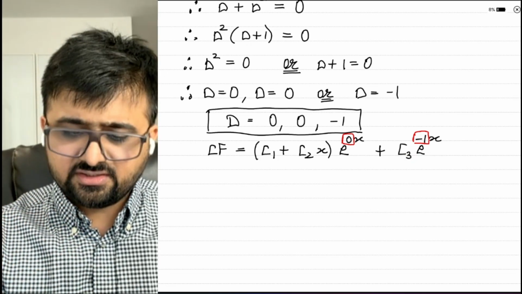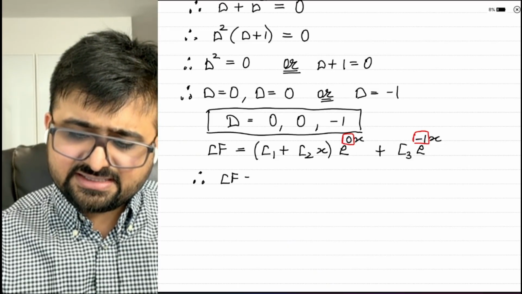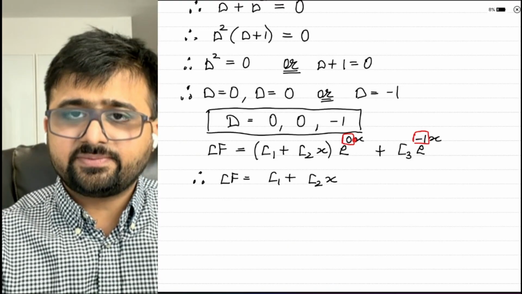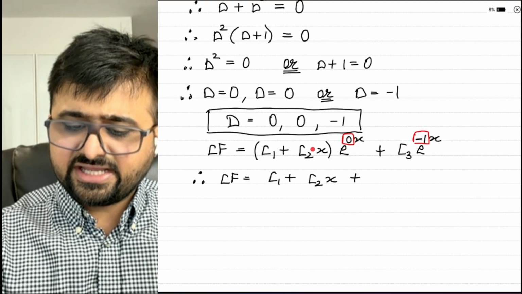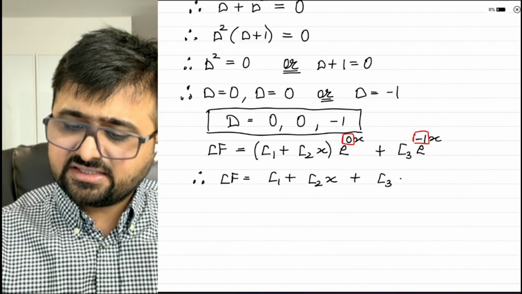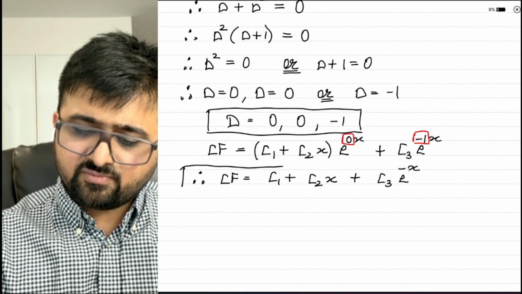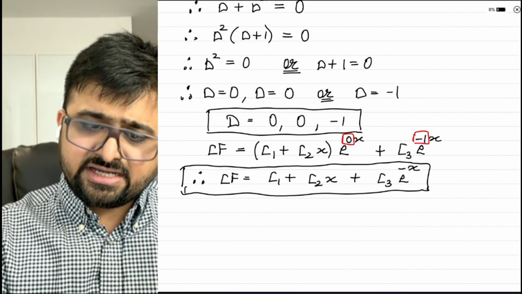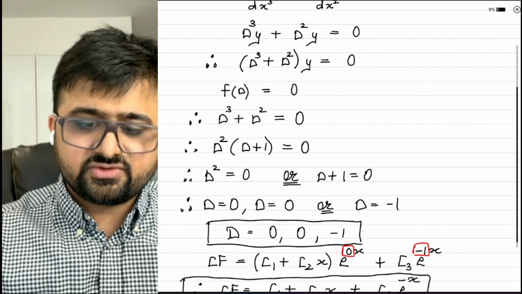It's very simple. So from here, I can just write it as C1 plus C2x. Remember, e to the power 0 is 1, so I can just forget it because 1 times this is this, plus C3 e to the power minus x. Now I get my complementary function. If I notice that on the right side there is 0, my particular integral is going to be 0.